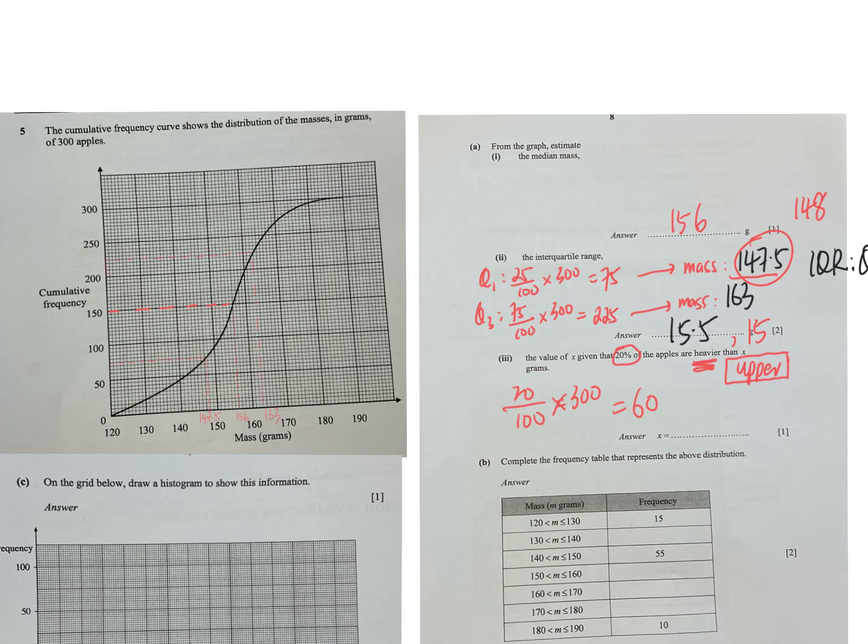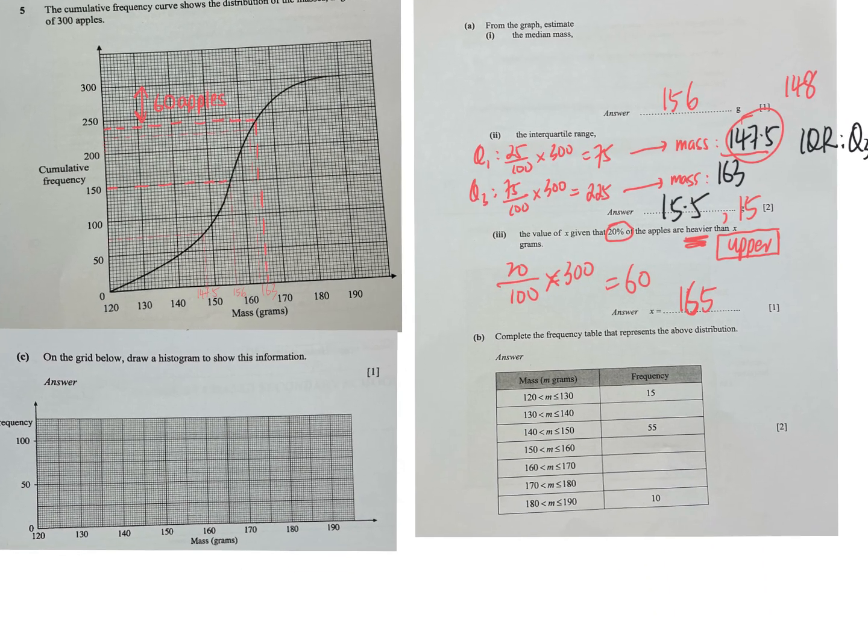So I must read at the 240 mark, so that I have 60 apples here. If I read here, it is quite nicely at 165. So in order for the 60 apples to be on top, my mass needs to be more than 165 grams. So this one is nothing ambiguous about it.